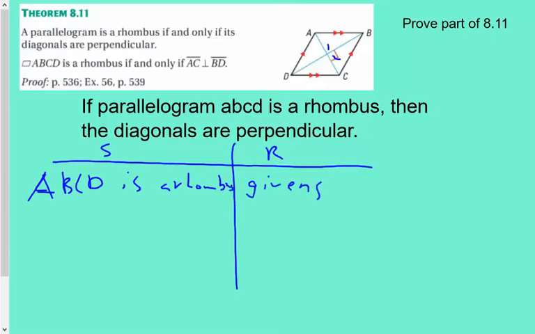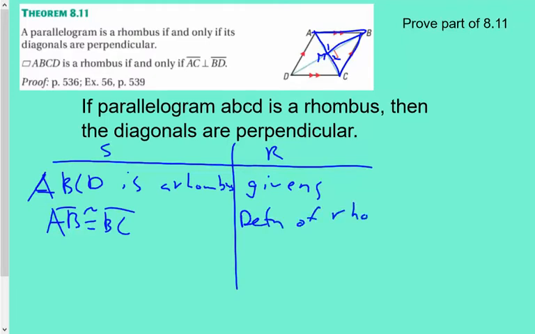So I'm going to show that, we'll call that point M there, these two little triangles are congruent. Let's see if I can do that. So I know that AB is congruent to BC, definition of a rhombus. And I know that BM is congruent to itself by the reflexive property.